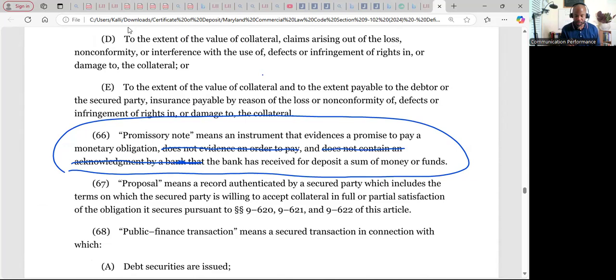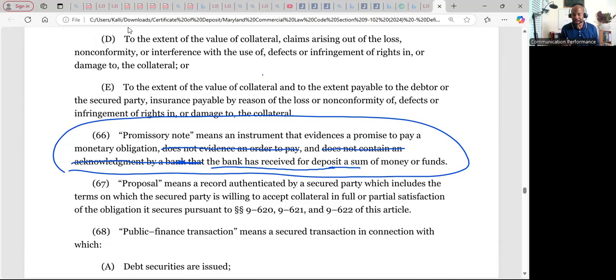So it says promissory note means an instrument that evidences a promise to pay a monetary obligation, and the bank has received for deposit a sum of money or funds. So when you pay the monetary obligation, right, your promise to pay the bank, then with your note, the bank receives a deposit, right? I'm sorry.